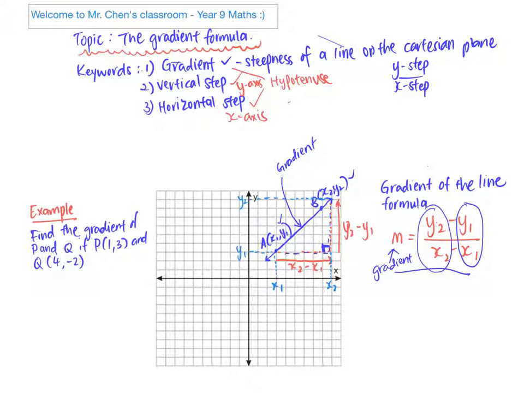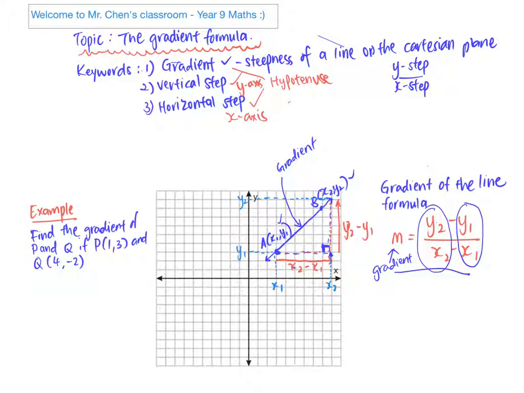The x2 here represents the distance between here and here by doing x2 minus x1.